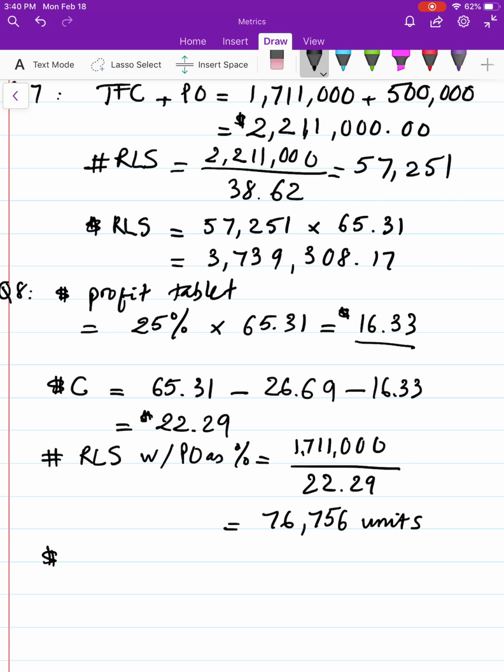Okay, the dollar revised level of sale would equal the unit level of sale times the unit selling price. That equates to about $5 million.